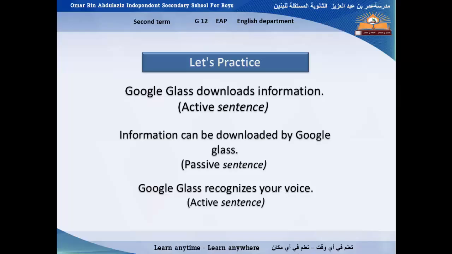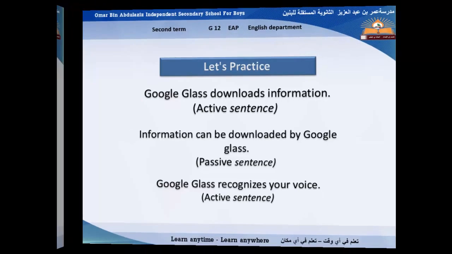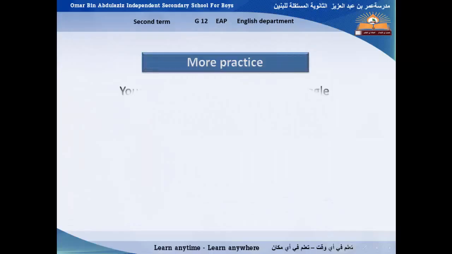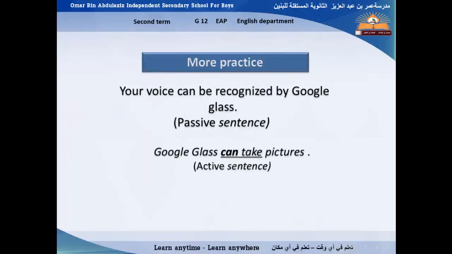So I have to start with it, and then I have to add can be, and the past participle of the verb recognize. The verb recognize is a regular verb also, so we just say: your voice can be recognized by Google Glass.